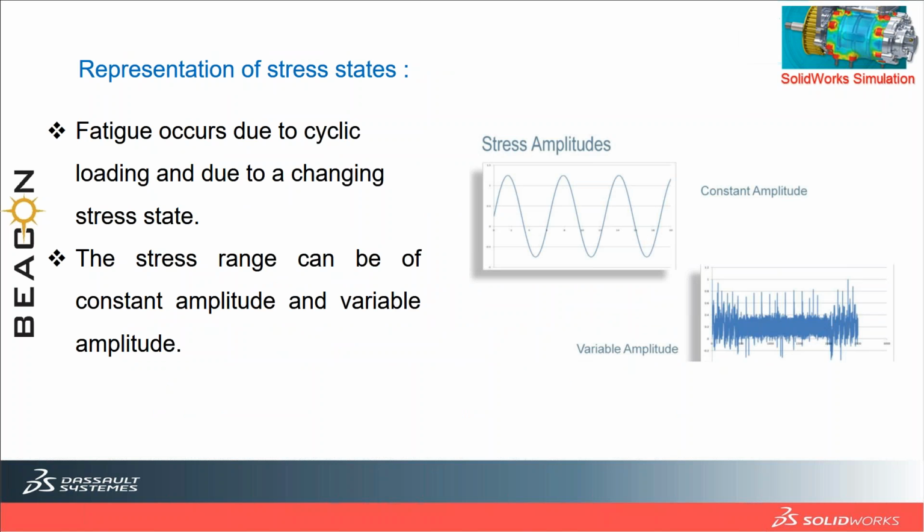Whenever you come across cyclic loading, fatigue usually occurs due to it, and this is due to the stress state. We have different types of loading conditions: it may be a constant amplitude or a variable amplitude. In these images you can see the load happening continuously.